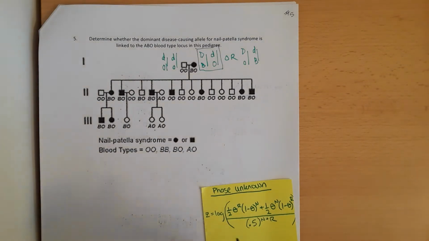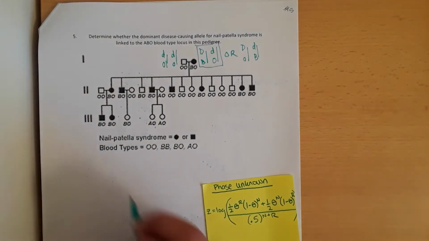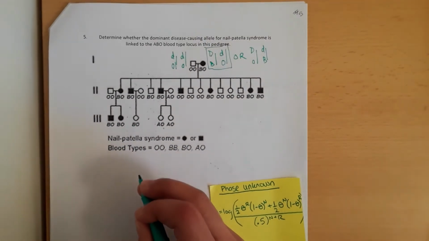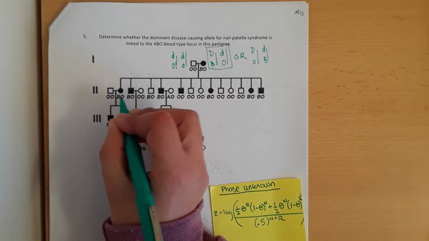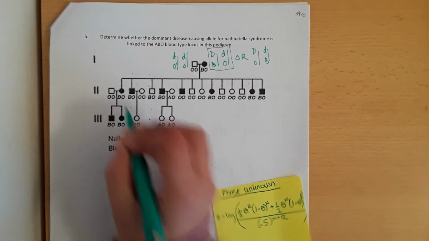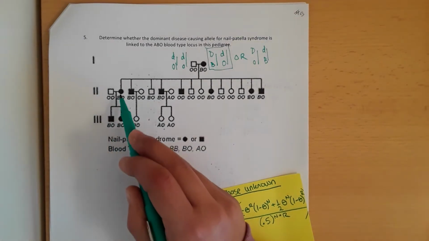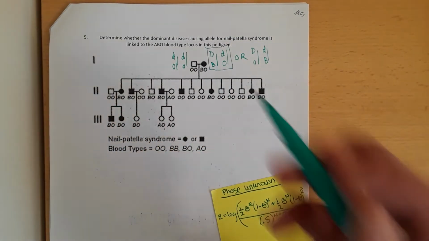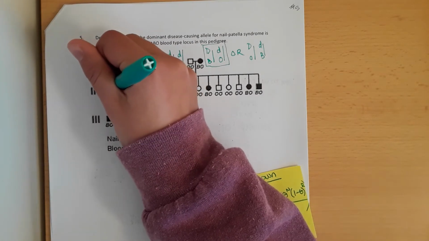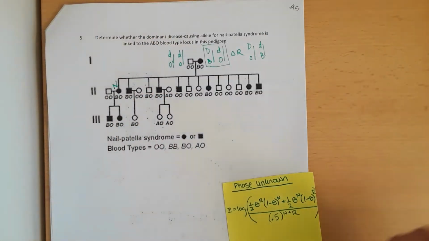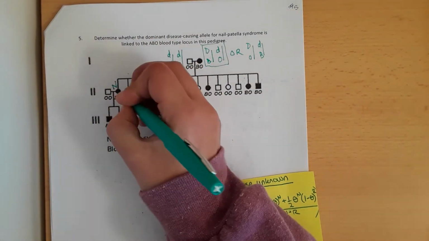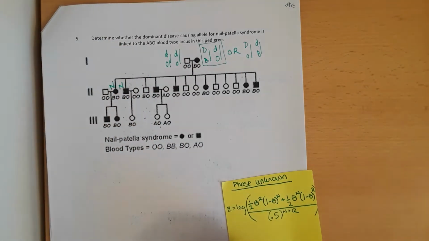So now let's rate the second generation. Here we have marker B, O. So the person has marker B and they're shaded in. So this is going to be non-recombinant. That's how it's supposed to be. Here we have the same thing, non-recombinant.